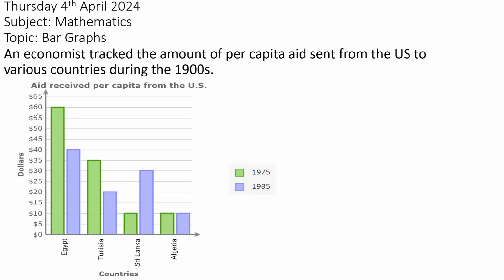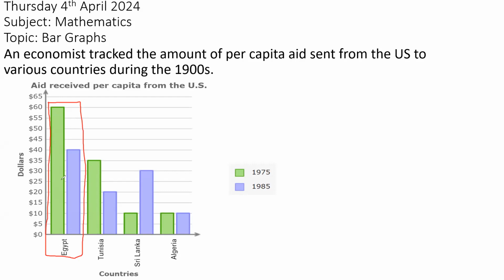So what is this saying? These two bars represent which country? Egypt, very good. Do you all understand what I'm saying? These two bars represent which country? There's not only Jevin in this class.